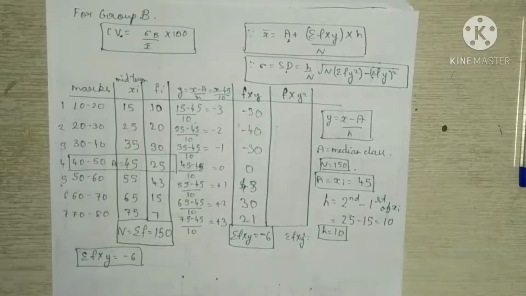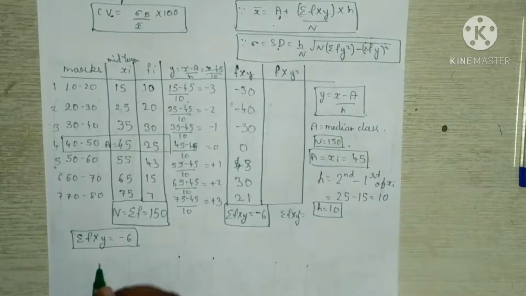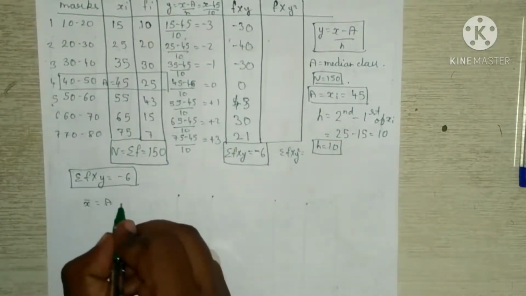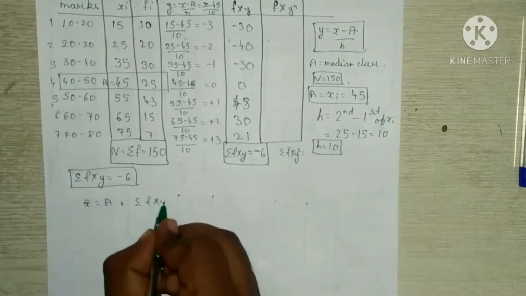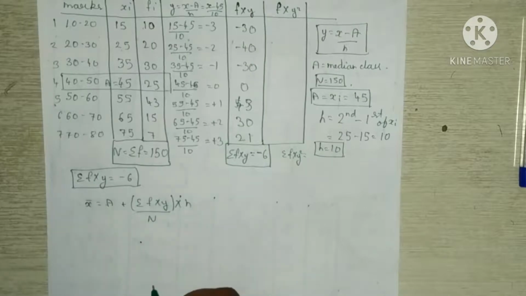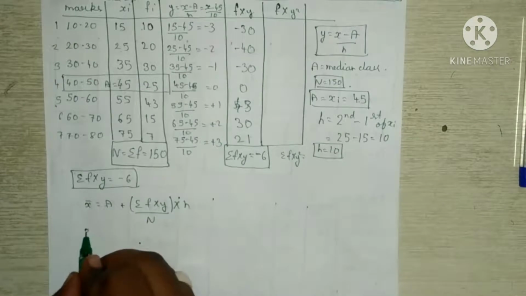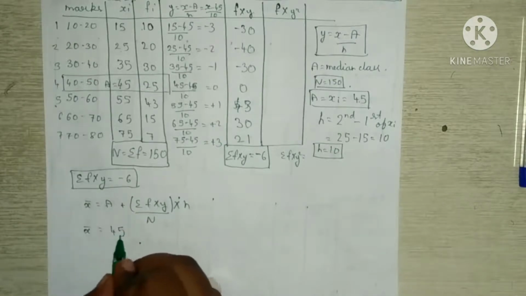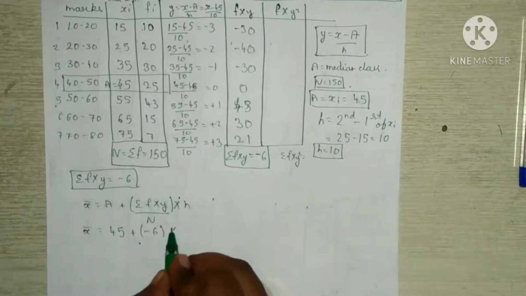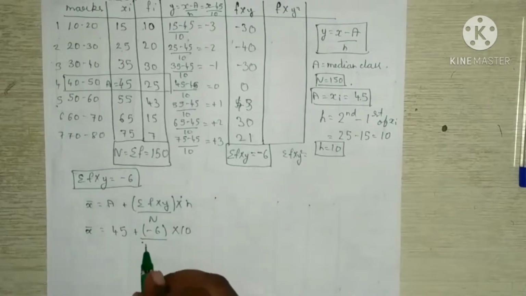Okay, you need to find the mean now. What is the mean formula? X bar is equal to a plus summation f into y by n, into h. a is equal to 45, which we have considered. 45 plus summation f into y is minus 6, into h is 10, divided by n is equal to 150.